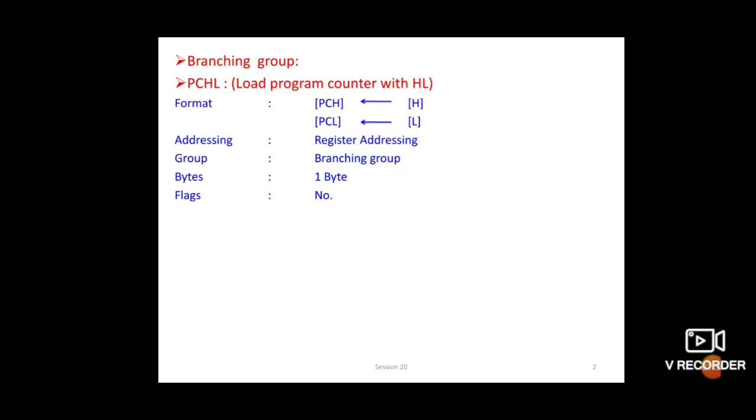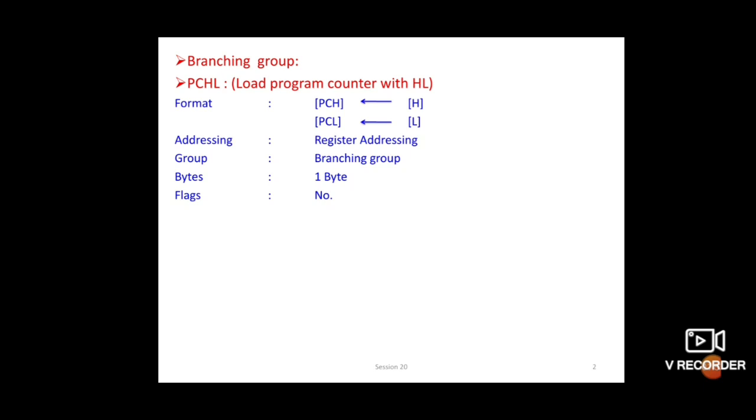Addressing is register addressing. Why register addressing? Because here only registers are used. Group: branching group. Byte: 1 byte. Why 1 byte? This PCHL instruction requires only 1 byte to store the instruction in memory, because no 8-bit data or 16-bit address is specified.